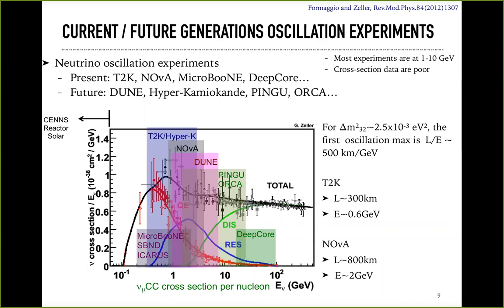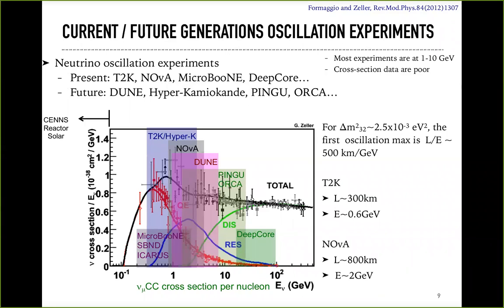For the neutrino experiments, here you can see a plot of the cross-section as a function of the neutrino energy. We do have several long baseline neutrino experiments, and they span different energy ranges.